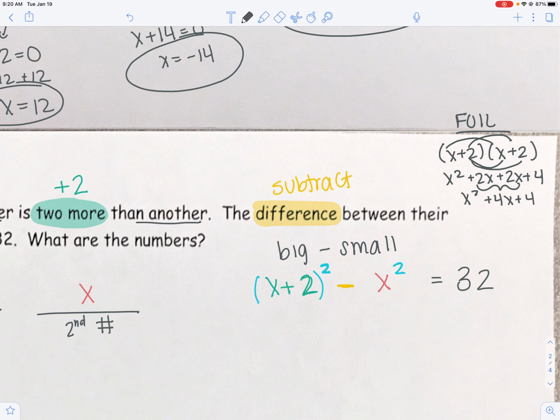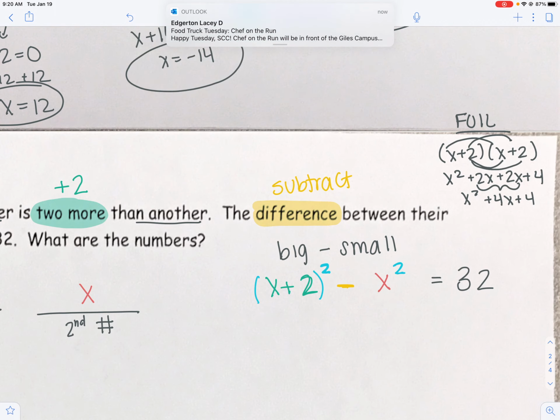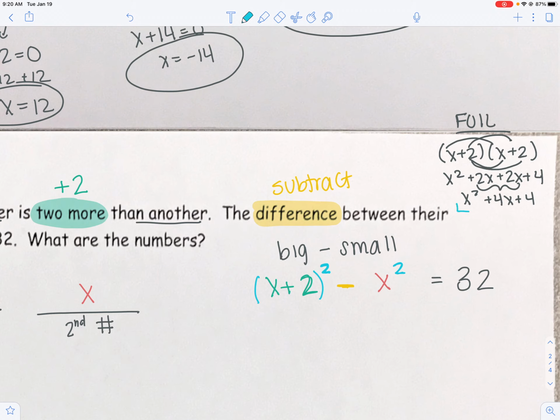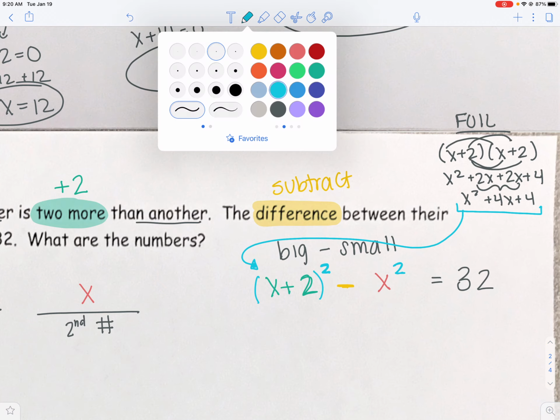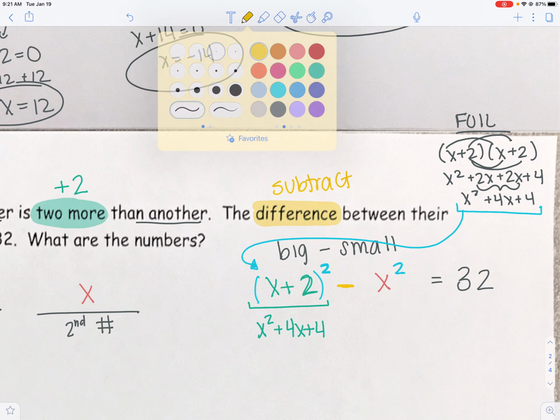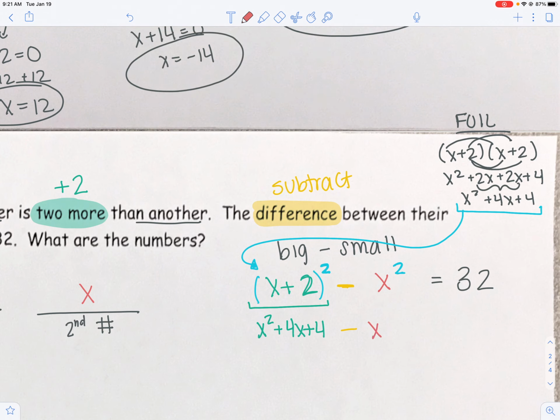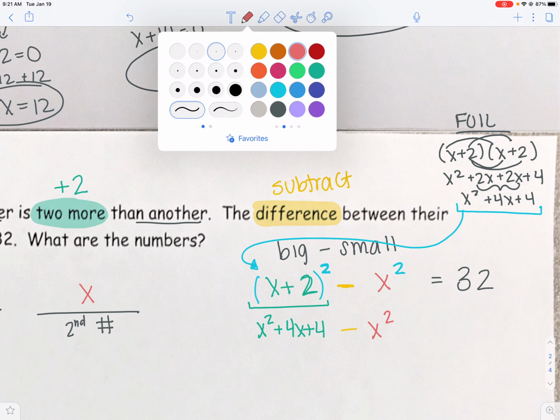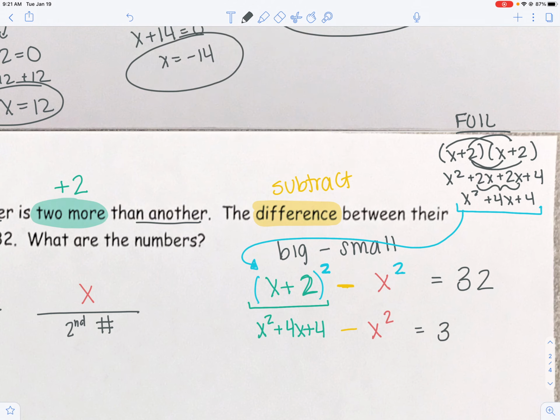That thing is going to go where that was. So I'm going to replace it with x squared plus 4x plus 4. That is all that piece. Carry everything else down. Minus x squared, and of course equals 32.